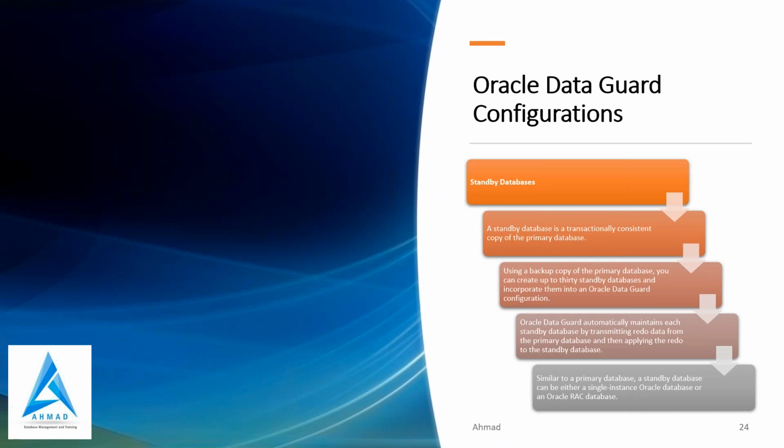So standby is basically a transactionally consistent copy of the primary database. Means whatever transaction is going on in the primary database, the same will happen on the standby database also. Okay, but it depends on the way you configured it when you are configuring standby. The fastest or best configuration is real-time apply.